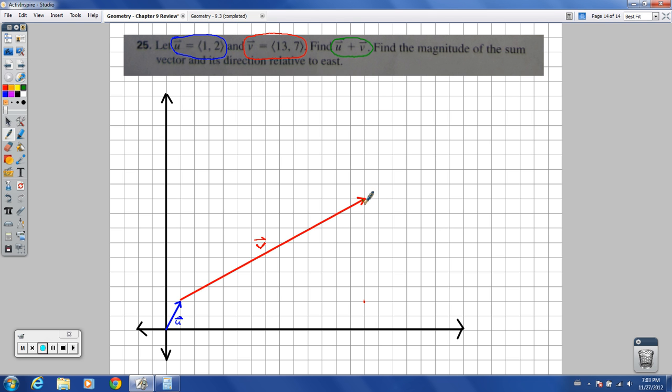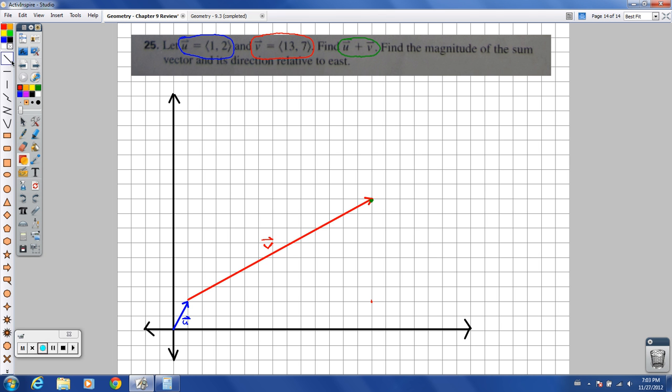If you started here and you end up here, that's what u plus v is. And so I'm going from the origin to that point right there. So it's kind of long and skinny compared to the triangle that it forms, in a sense. But that would be what that vector is.